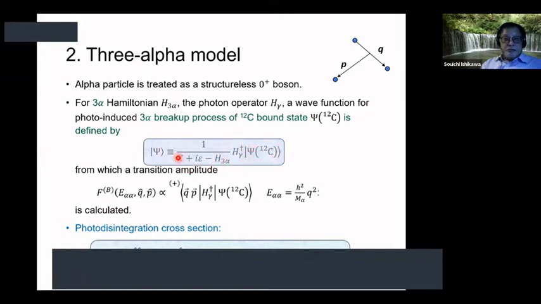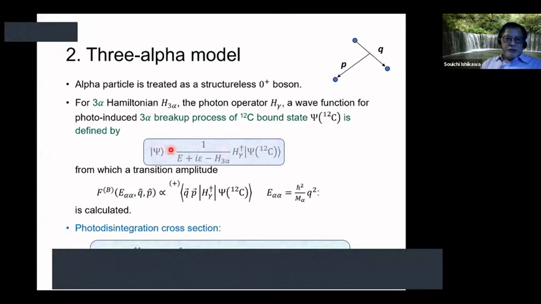Then there is a 3-body Green's function, in which the 3 alpha particles are going away. By these definitions, we can say this wave function is the 3-body photodisintegration wave function for the 3-body photodisintegration process.